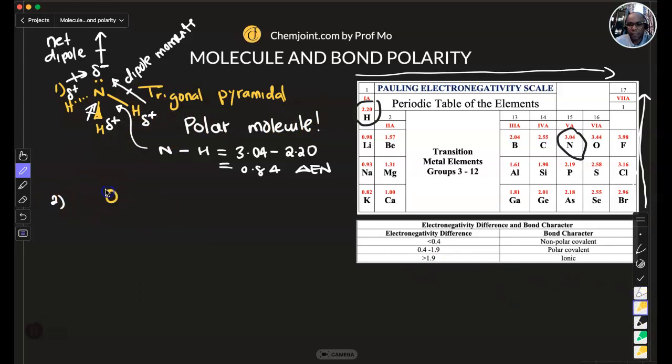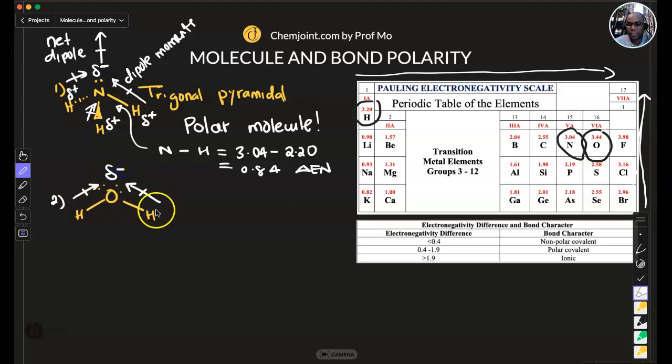In this case, we are looking at H2O, which of course we know has a bent molecular shape and tetrahedral electronic shape. You will see that in a previous lesson. Again, oxygen is further to the right than hydrogen in the periodic table. So we expect that the dipole moments will point towards the oxygen. Electron density is closer to oxygen than hydrogen.